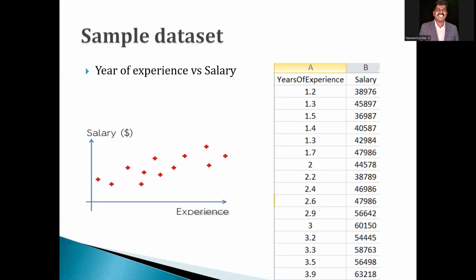Okay, so in the sample data set, you can see that as the experience increases, the salary also increases. So we can say this is a positive correlation. Years of experience and salary look like this: 1.3 means it reaches 45, 1.5 again. Okay, so it decreases in some situations.